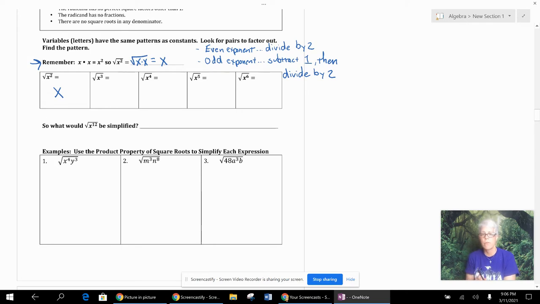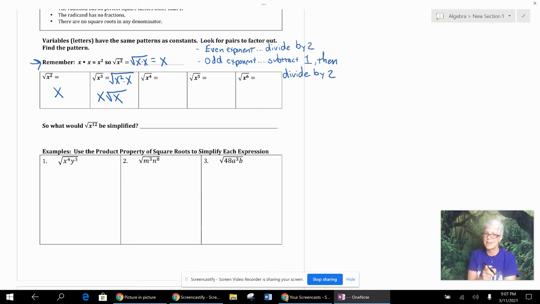x to the power of 3 is the same as x squared times x. There's that perfect square, x squared, so I can pull that out. The other x gets left behind. Again, the power 3 is odd, so if I subtract 1 from it, I get 2, and I divide that by 2 and pull it out.